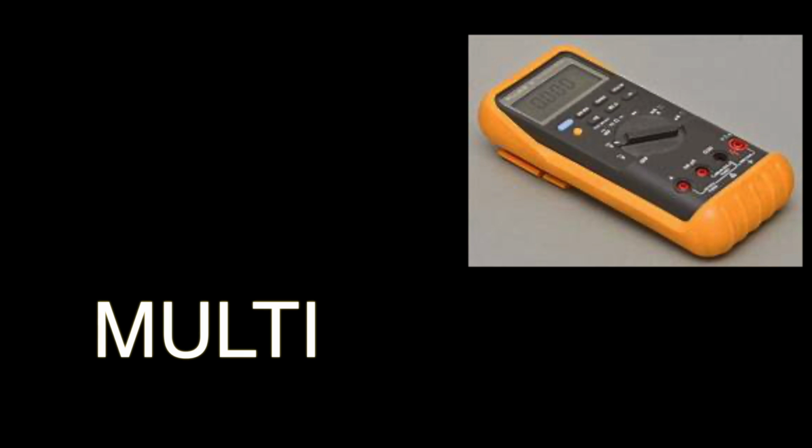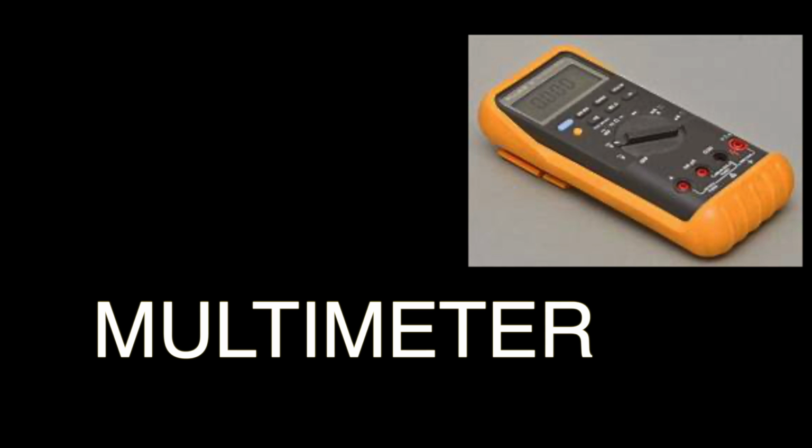A multimeter is a measuring instrument that can measure multiple electrical properties. A typical multimeter can measure voltage, resistance, and current, in which case it is also known as a volt-ohm multimeter, as the unit is equipped with voltmeter, ammeter, and ohmmeter functionality.